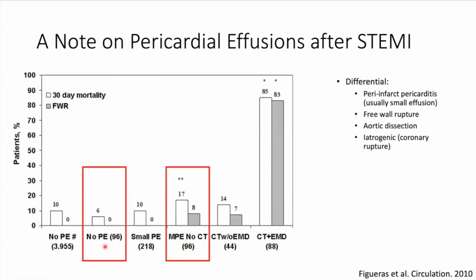Then they tried to compare a matched group of patients without any pericardial effusion, and the baseline mortality was about 6%. So basically, what this is showing is that when patients present with STEMI and there's a moderate-sized pericardial effusion, even if there's no tamponade, you should be very suspicious and try to investigate for wall rupture.